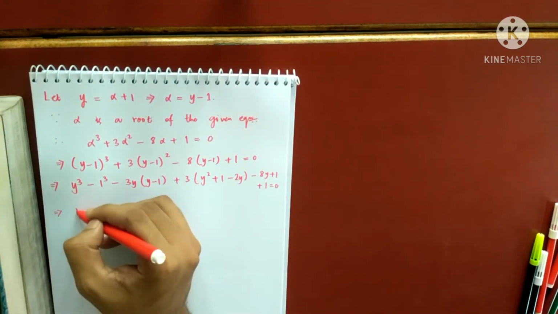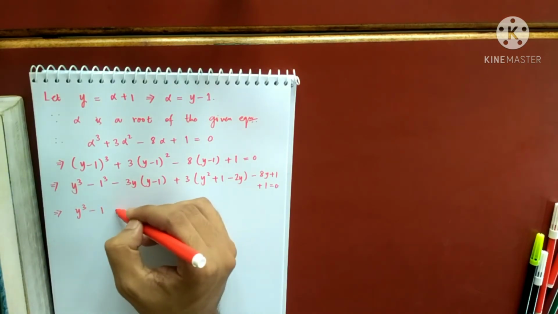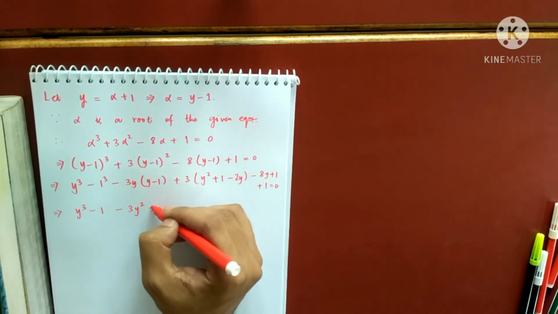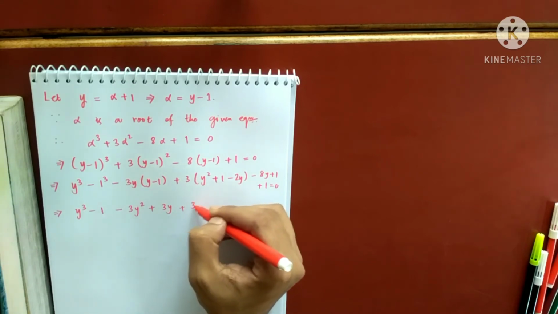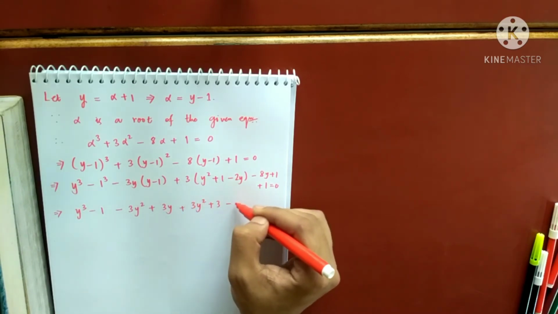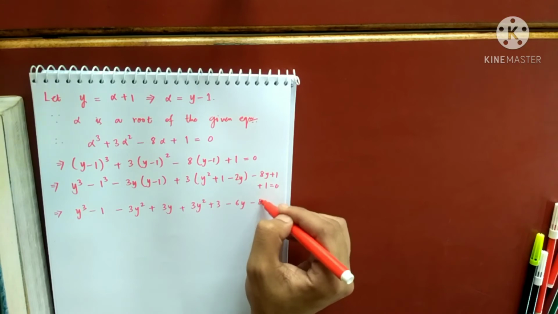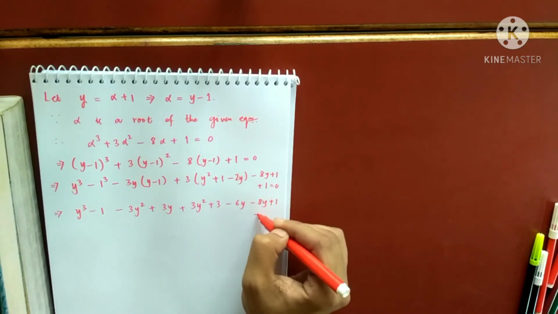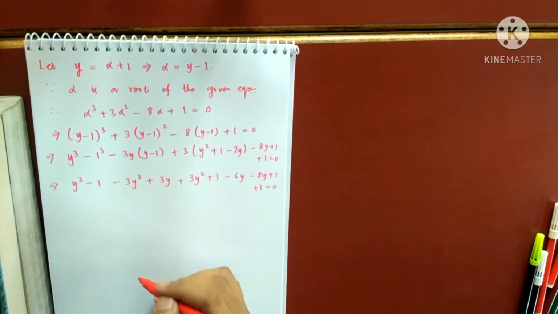That means y cube minus 1 minus 3y square plus 3y, plus 3y square minus 6y plus 3, minus 8y plus 8 plus 1 equals to 0. Now you simplify.